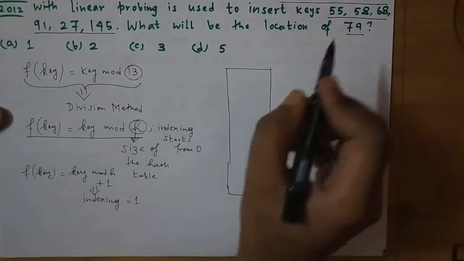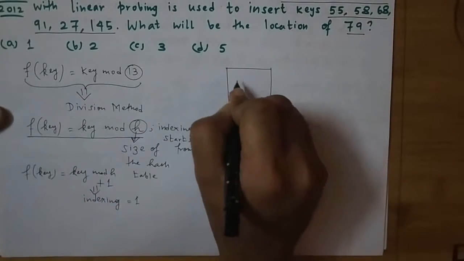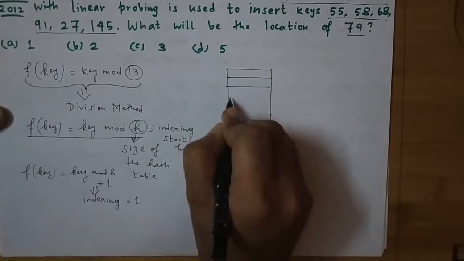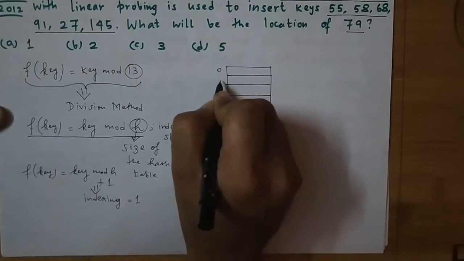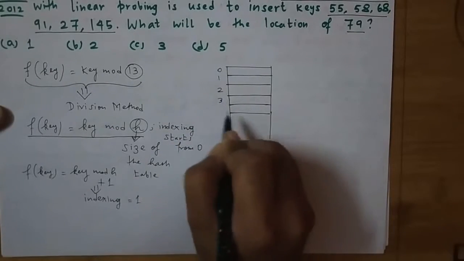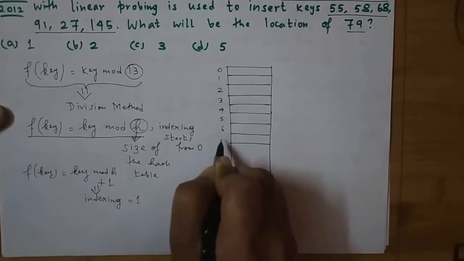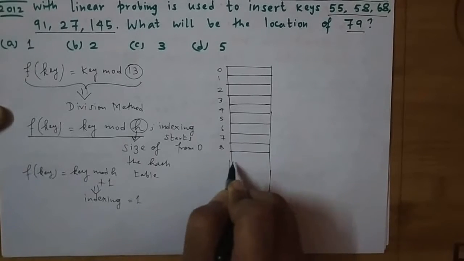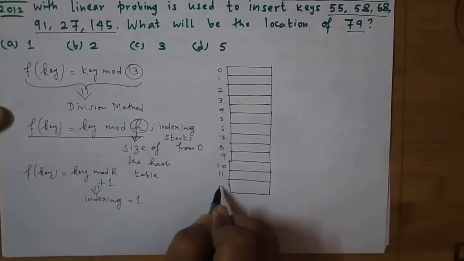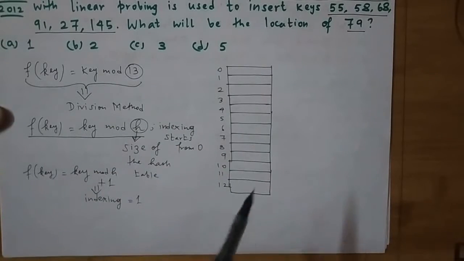But the function given to us is f of key equal to key mod 13, so the indexing is from 0. The hash table will consist of 13 slots ranging from 0 to 12. So let's number the slots: 0, 1, 2, 3, 4, 5, 6, 7, 8, 9, 10, 11 and 12. The indices range from 0 to 12, and the size of this hash table is 13.